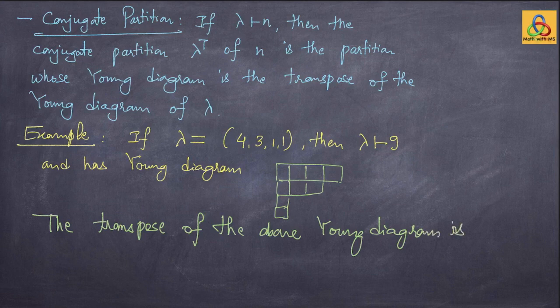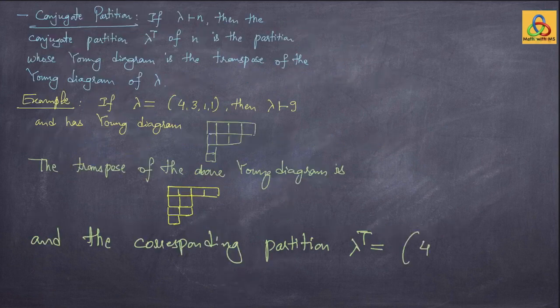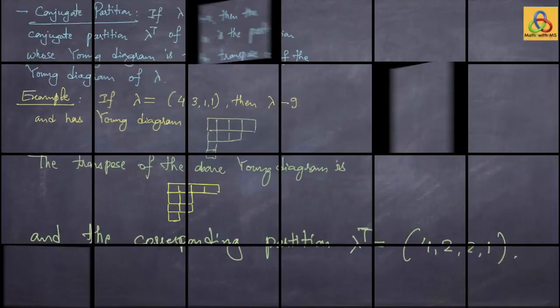It has 4 boxes in the top row, 2 boxes in the second row, 2 boxes in the third row, and 1 box in the last row. The corresponding partition is 4, 2, 2, 1. So given a partition, we can obtain another partition called the conjugate partition, and it is easy to see from the diagrams.